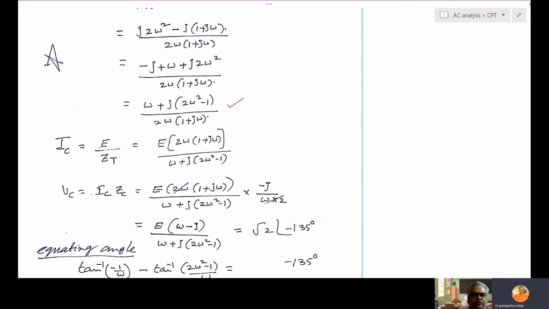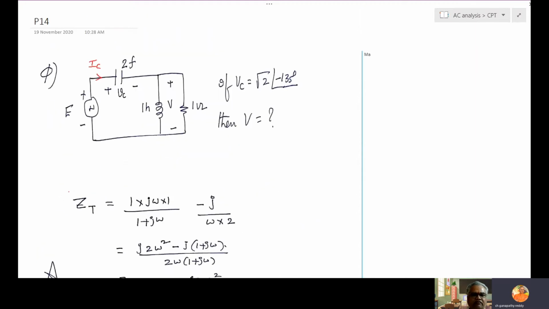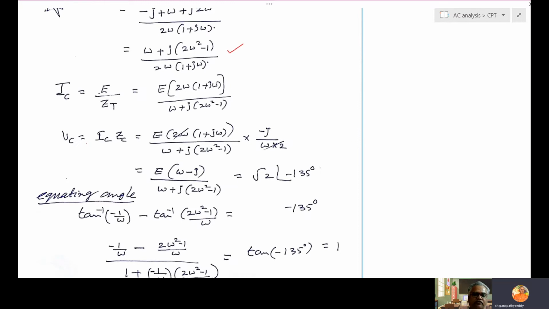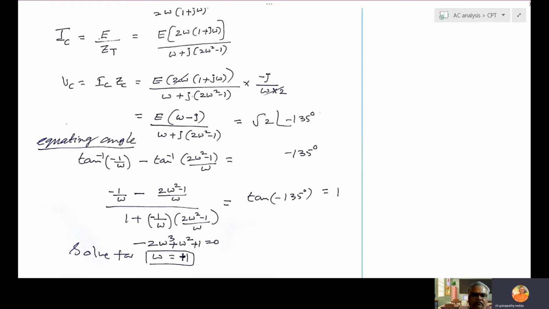Next, VC. What is VC? Voltage across the capacitor. IC into the capacitor reactance is VC. So VC equals IC into ZC. IC from the above step, write it. ZC is minus j by omega into 2. So this 2 omega cancels. Further simplify, you get this.